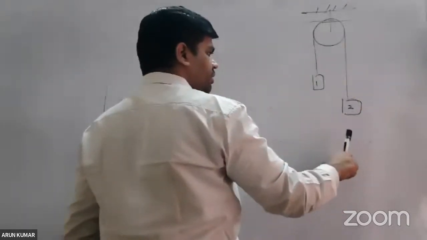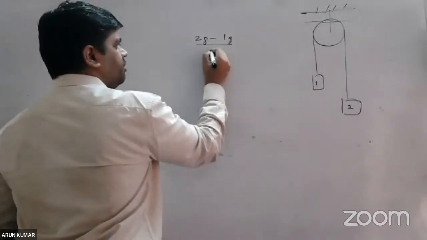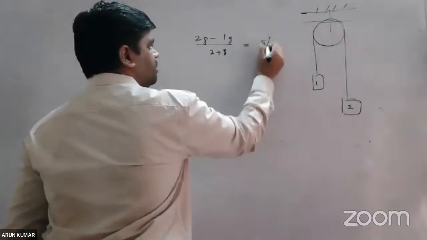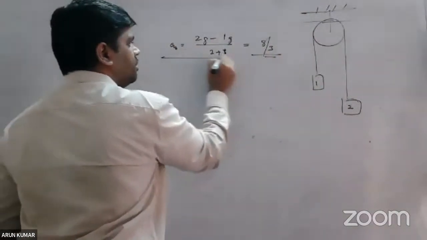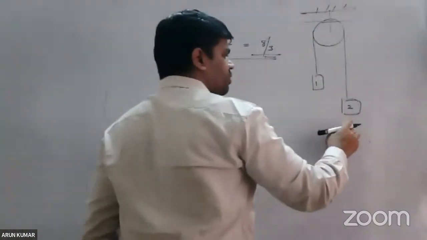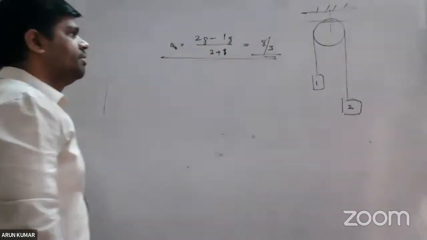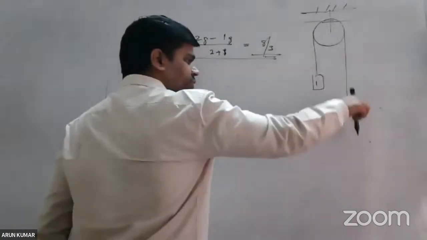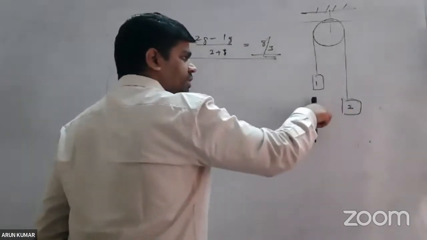2g minus 1g by 2 plus 1, so that is g by 3. So block 2 will go down with acceleration g/3, and block 1 goes up with g/3. 2g supporting minus 1g opposing.